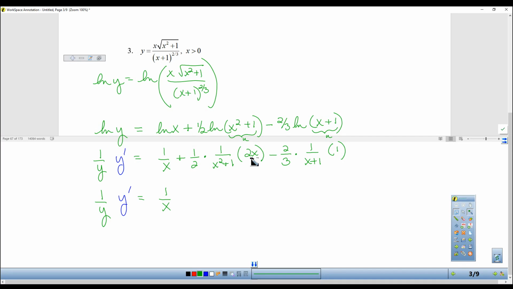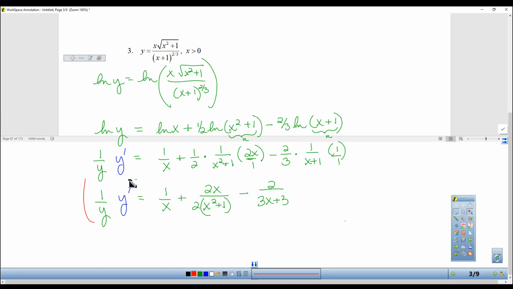1/x. On this one, if it helps you, you could put this over 1, multiply straight across the top and straight across the bottom. And straight across the top on this one and straight across the bottom. If you leave that 3 times the quantity x plus 1, that's still correct. You can do that.